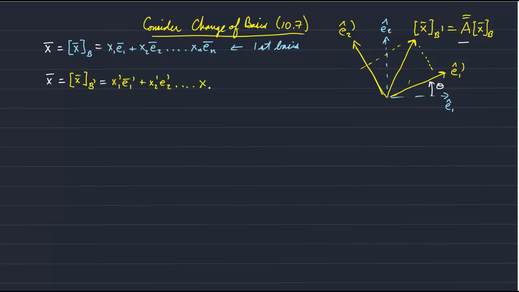So the x's have different values because the base vectors are in different directions, and they may in fact have different magnitudes.